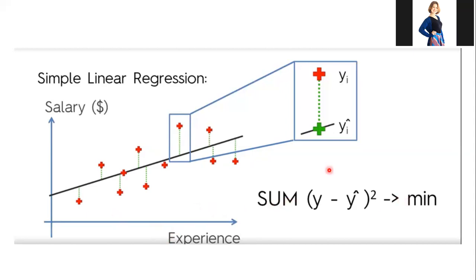We need to minimize the error of prediction, and this error will be the square of errors for all observations. So we calculate the sum of deviations from the regression line, but take it in square, because we should be sure that all our errors will be positive.